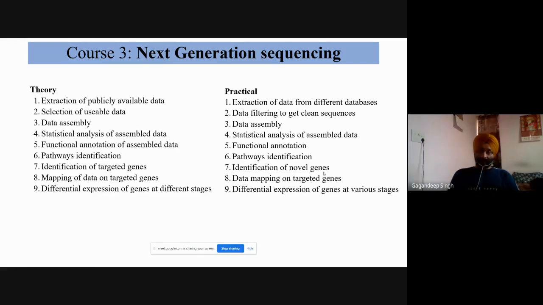Then we can identify some targeted genes related to pathways, and we can map those targeted genes. Targeted genes here means related to disease only, because in the whole data, maybe in 50,000 sequences, there may be only 300 sequences related to that disease. We have to identify those 300 sequences, and finally analyze the expression of those genes at particular stages.